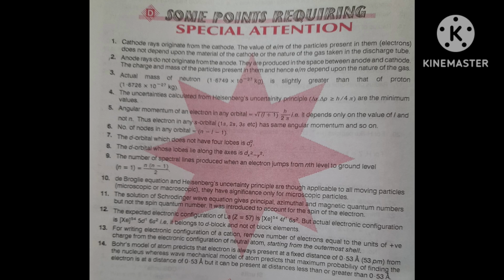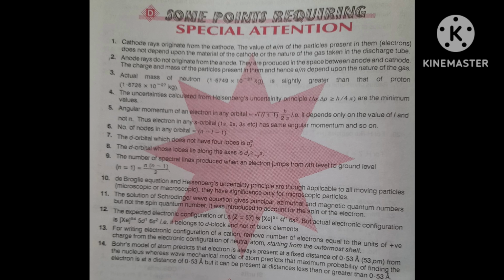Next point: for writing the electronic configuration of a cation, remove a number of electrons equal to the units of positive charge from the electronic configuration of the neutral atom. If plus 4 is there, remove 4 electrons and then write. In the same way, for an anion, you add electrons equal to the negative charge.